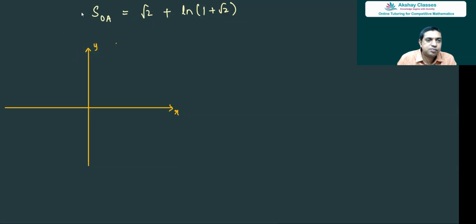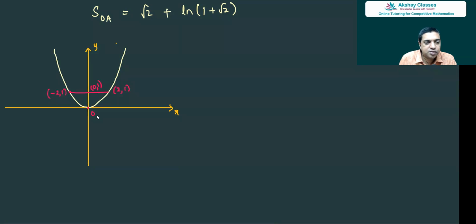So this is the curve. Now this is the latus rectum. This point is 2 comma 1. This is 0 comma 1. This is minus 2 comma 1.